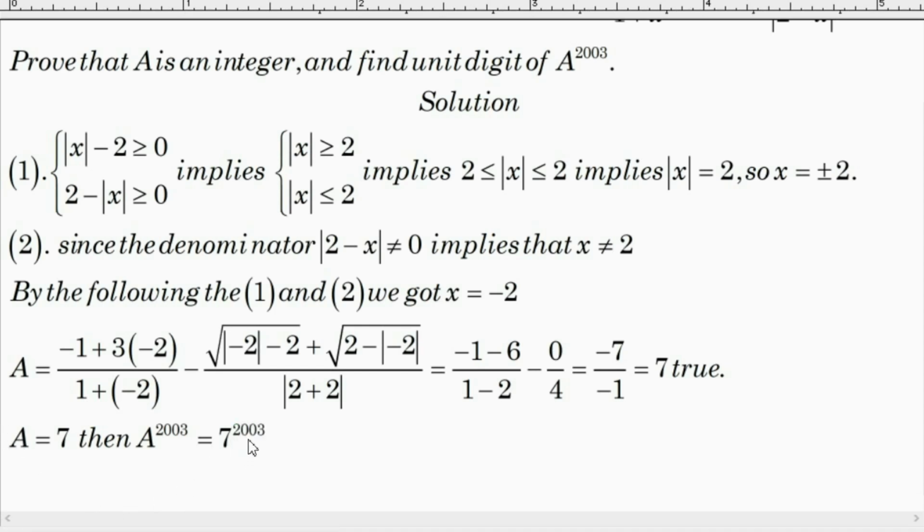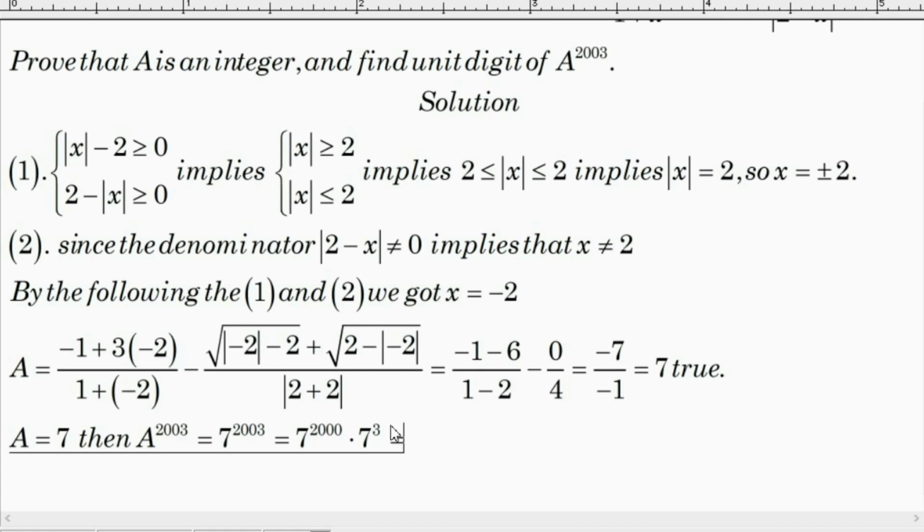So we have to find the unit digit of 7 to the power 2003. We can write that 7 to the power 2003 equal to 7 to the power 2000, and then times 7 cubed.